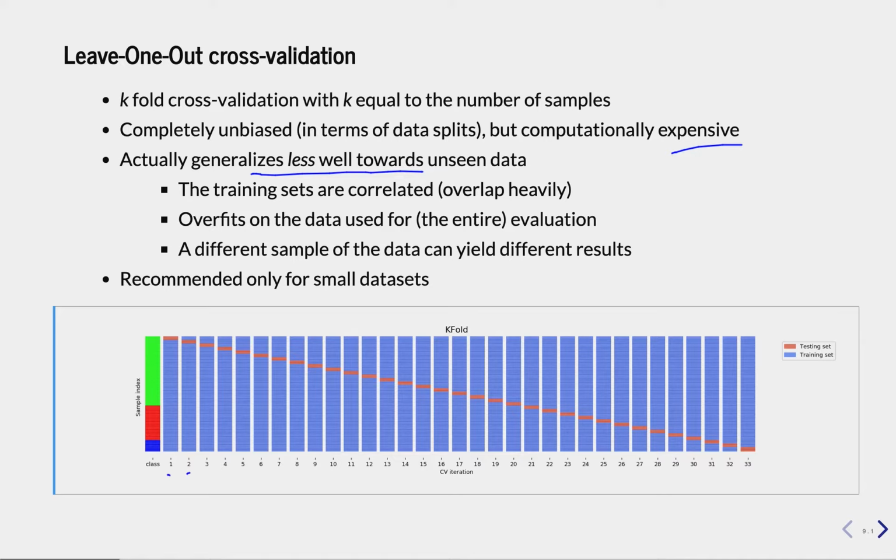And it also means that if you have a different sample, you can get very different results. It really depends on individual points in your test set. Right? Some of these can have 0 performance, some of them get 100% performance. So yeah, there's no averaging at all happening here. And this means it's typically not recommended unless you have very small data sets.